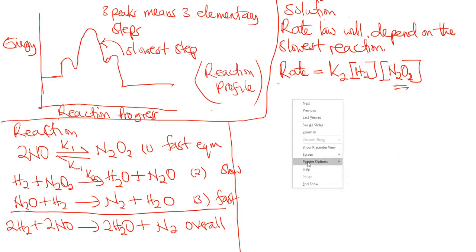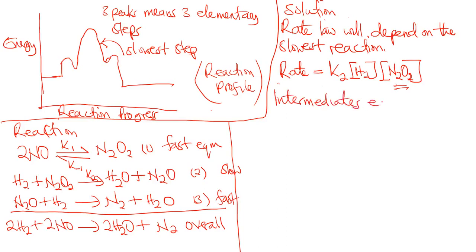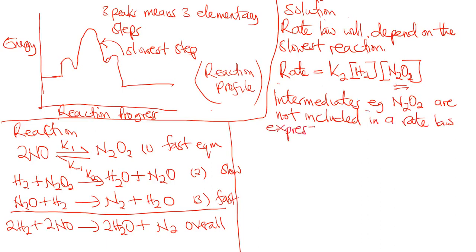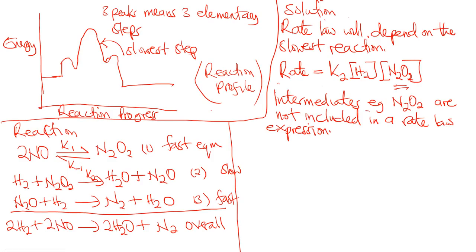Intermediates must not be found in a rate law. So intermediates, for example, in this case, N2O2, are not included in a rate law expression. So do not include intermediates in a rate law expression.